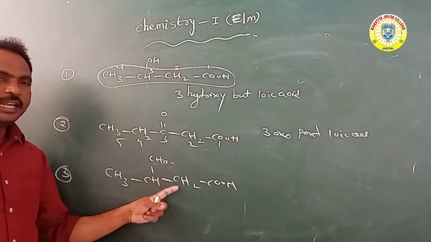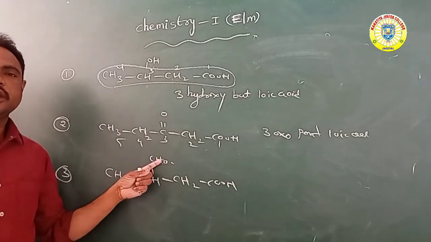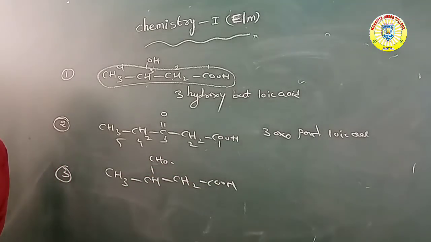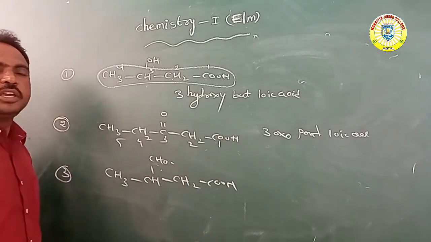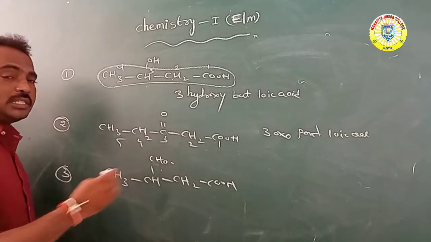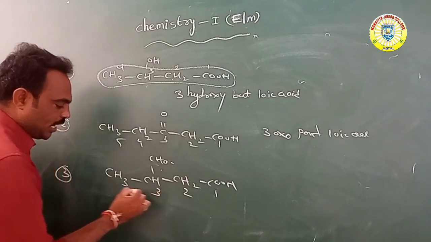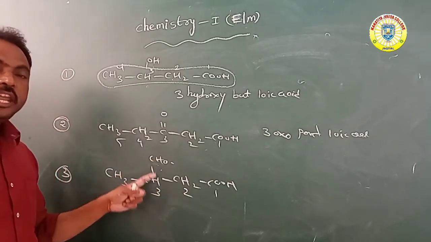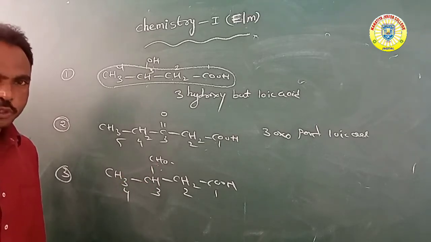Next, the third one. It contains two functional groups: the CHO aldehyde functional group and the COOH carboxylic functional group. Between these two functional groups, we give the first preference to COOH, so CHO is the substituent. So 1, 2, 3, 4. Overall 3-formyl, as the third carbon is attached with the CHO substituent.